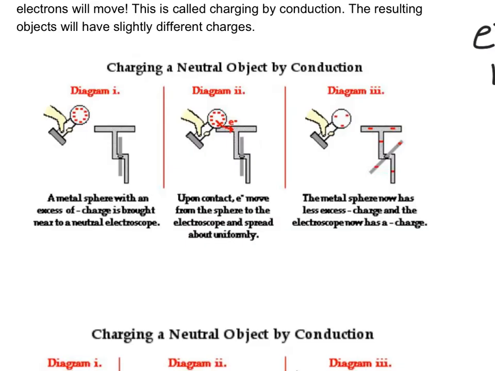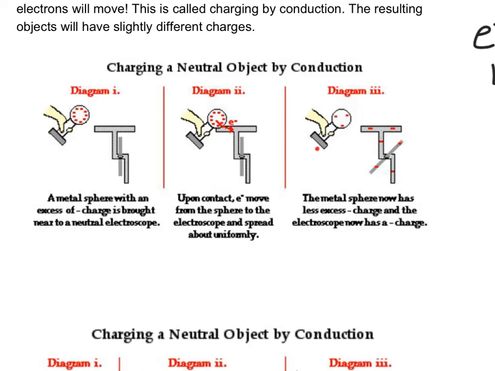In our example, we have one object that is negatively charged and another object that is neutral. When we touch this object that's negatively charged to the neutral object, these electrons are going to spread out into that neutral object.